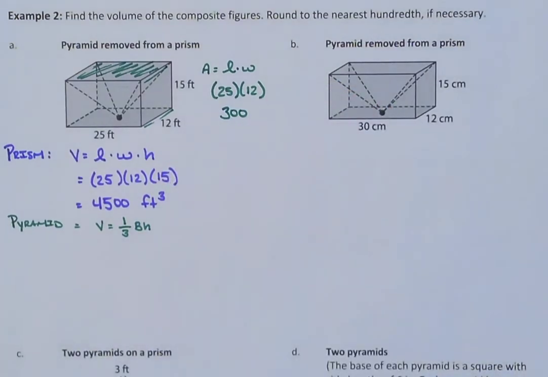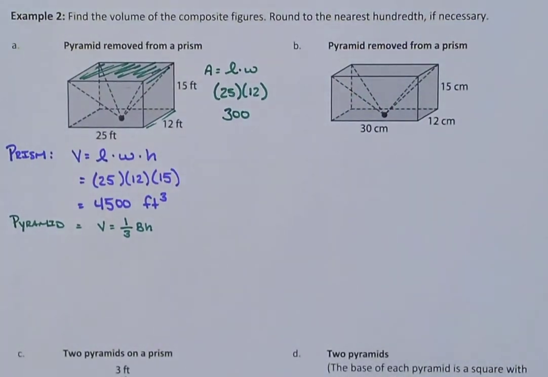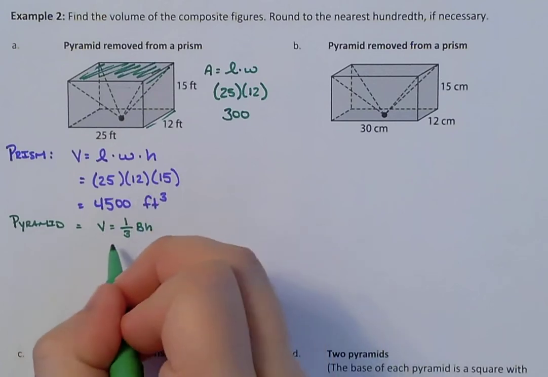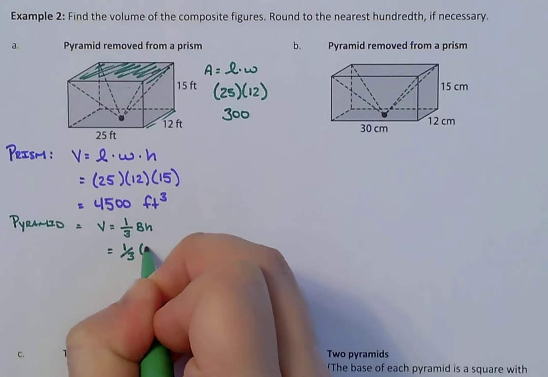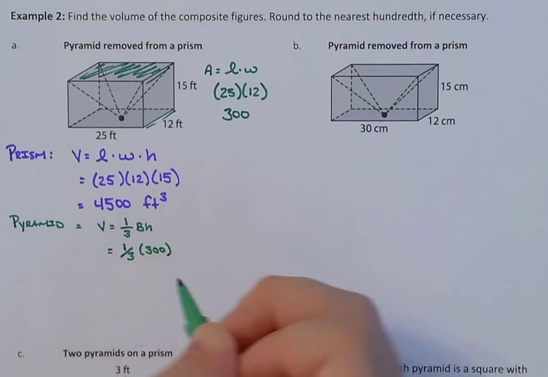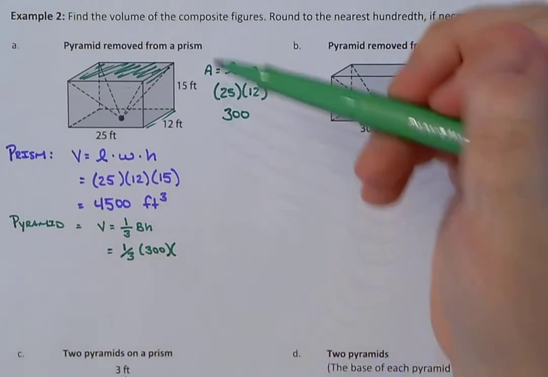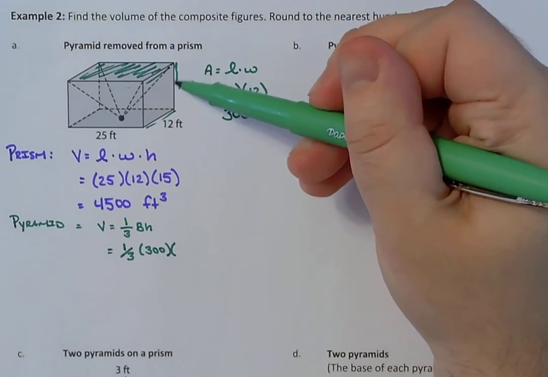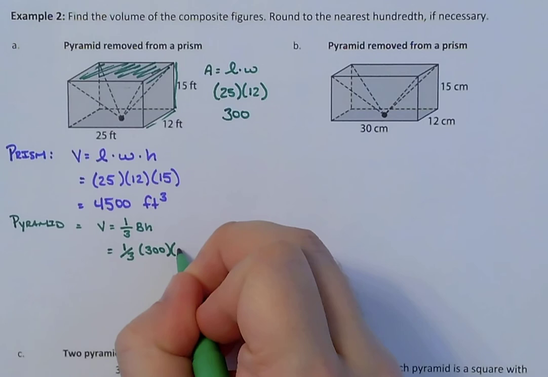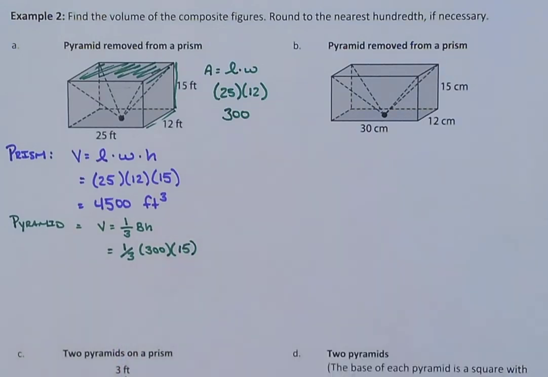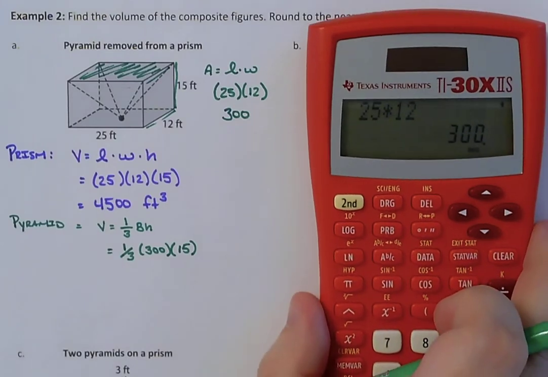Now that I know the area of the base, we can plug this in. That's going to be 1/3 times 300 times the height of the pyramid, and that's the same height as the prism, so that's 15.